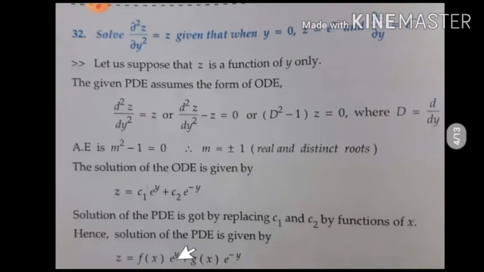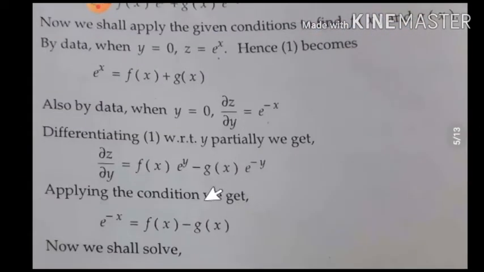When I substitute y as 0, e to the power of 0 is 1. E to the power of minus 0 is also 1. So right hand side we get f of x plus g of x. Then apply second condition. That is, when y is 0, dou z by dou y equal to e to the power of minus x. But we don't have dou z by dou y data.